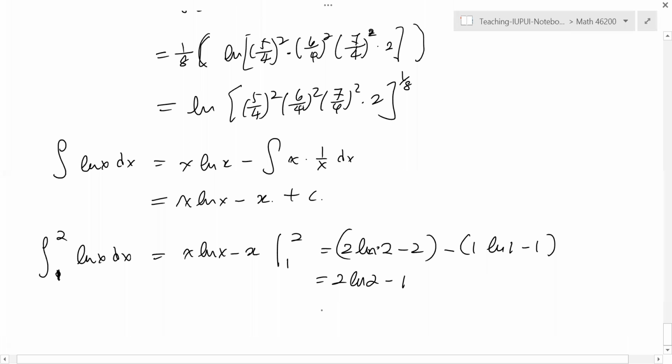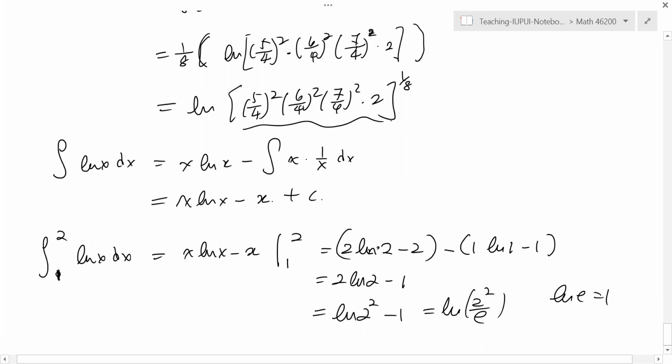So you can also write it as natural log of 2 squared minus 1, and you can say natural log of 2 squared divided by e, because natural log of e equals 1. So this number should be almost equal to that number, according to our approximation. Surprise, right?